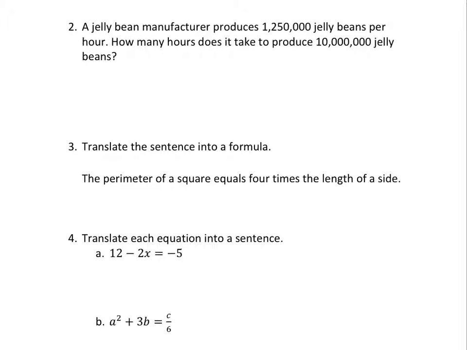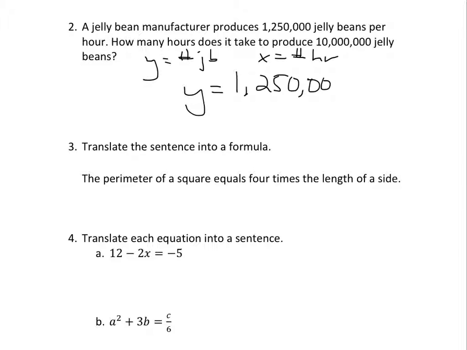A jelly bean manufacturer produces 1,250,000 jelly beans per hour. How many hours does it take to produce 10 million jelly beans? If y is the number of jelly beans and x is the number of hours, we can create this equation: y equals 1,250,000 times x, because that's how many we make per hour.